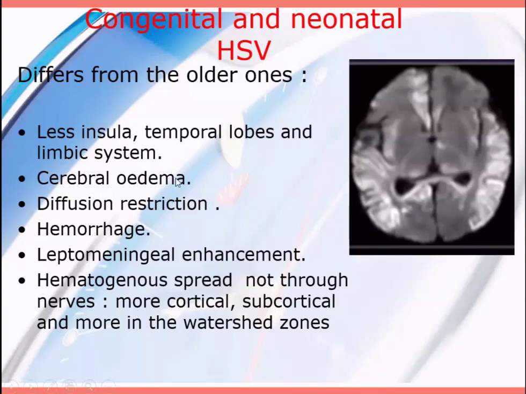There is cerebral edema, diffusion restriction areas in the brain, hemorrhage, leptomeningeal enhancement. Why is there diffuse affection in the brain in congenital herpes simplex? This is due to hematogenous spread inside the brain, not through the nerve as in the adult and in older infants and children.